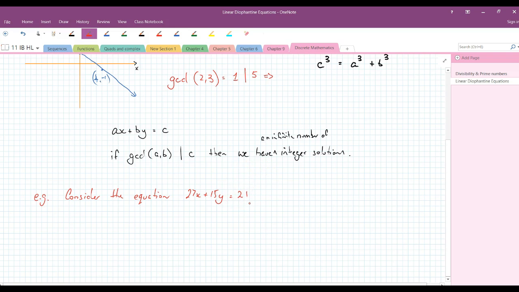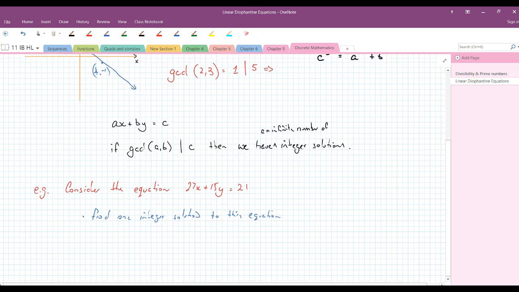Our first thing is to find one integer solution to this equation. If we find one, we can find the rest of them.